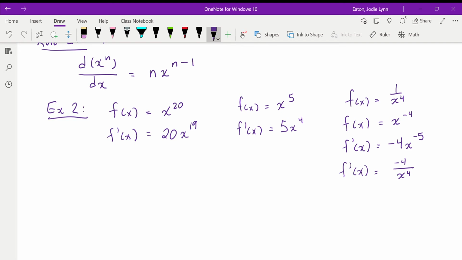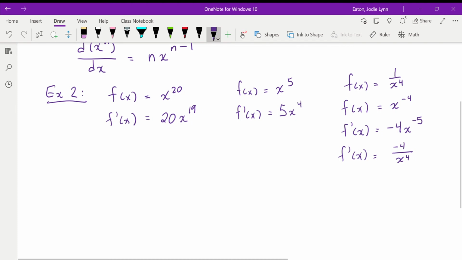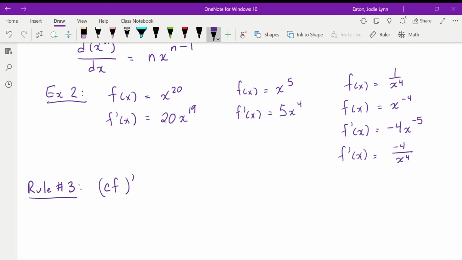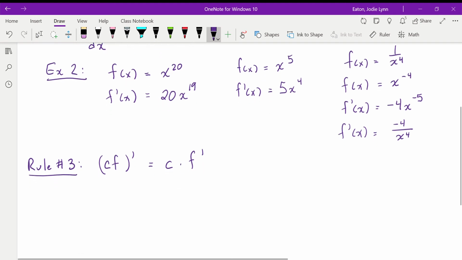All right, so what happens if we have a constant multiplier? So rule number 3, let's combine those two rules. What if we have a constant times a function? If we have a constant times a function and we want to take the derivative of that, it's equal to the constant times the derivative. So we don't have to worry about any constant.